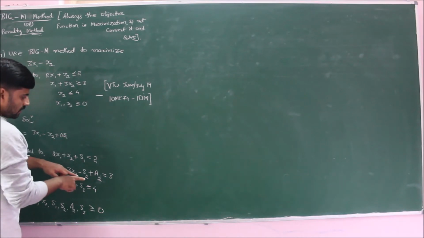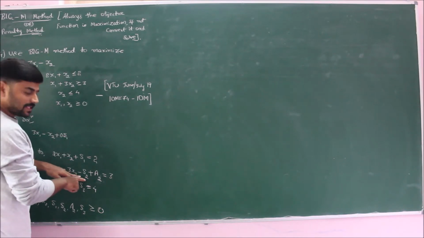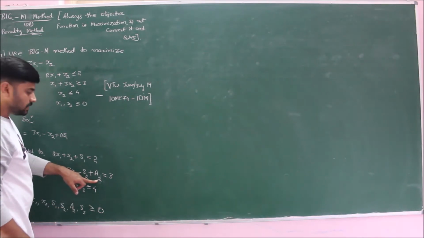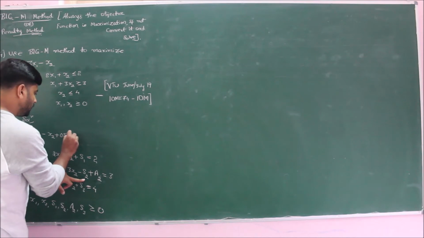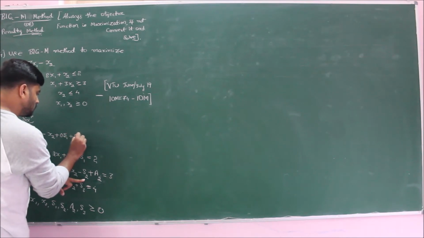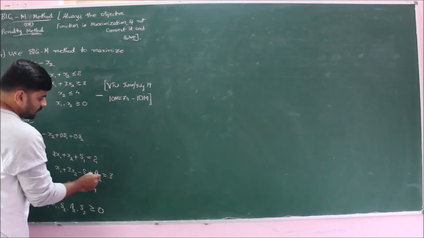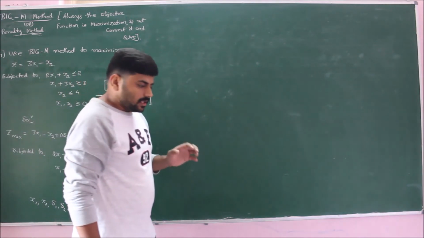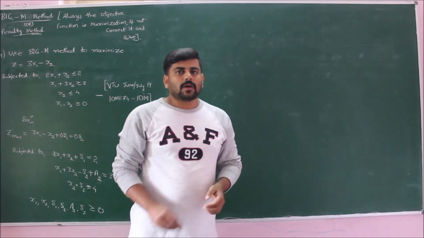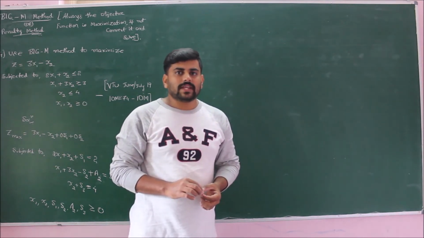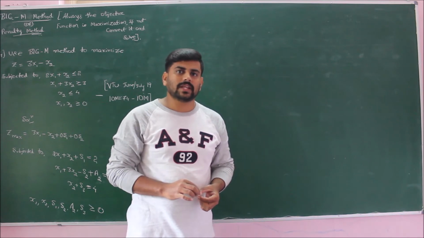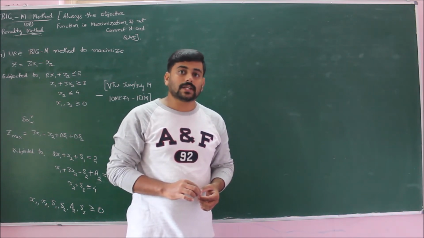So writing the objective function, s1 is a slack variable, therefore it is plus 0 s1. S2 is a surplus variable, and we have introduced the artificial variable along with it, so for the surplus variable we have plus 0 s2. Now for the artificial variable, we already know that for a maximization problem, the coefficient of the artificial variable is minus M. For minimization problems, the coefficient is plus M in the objective function.